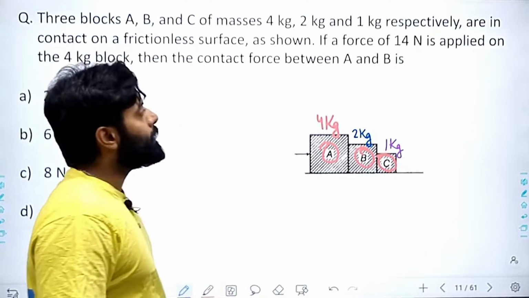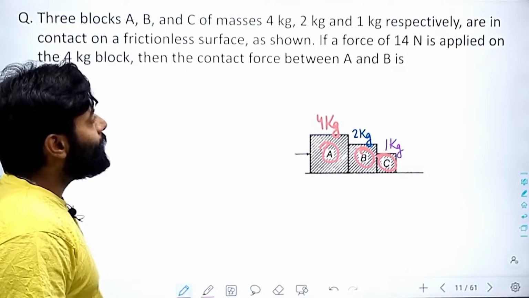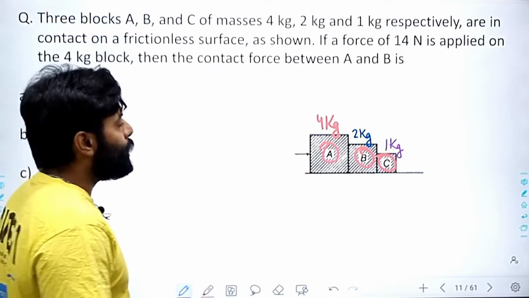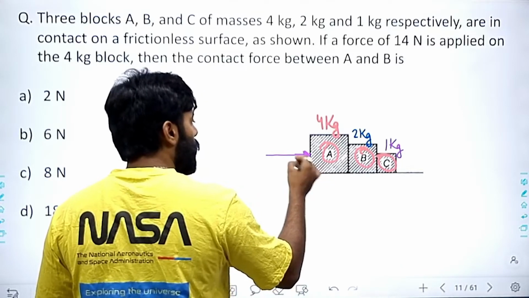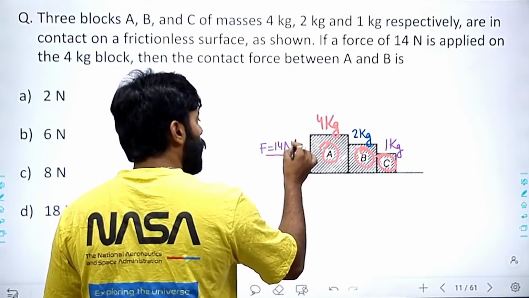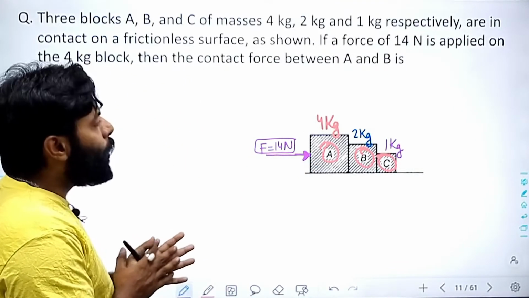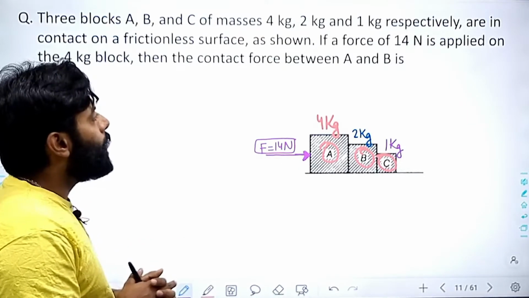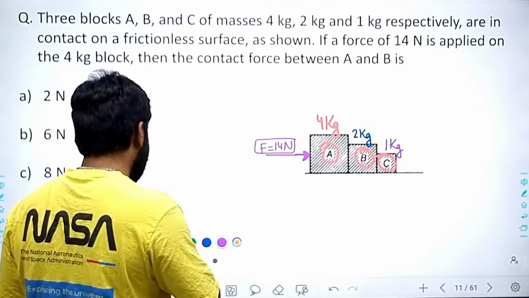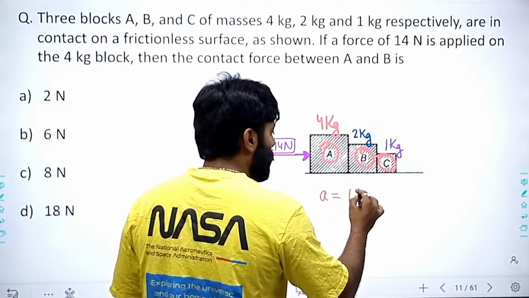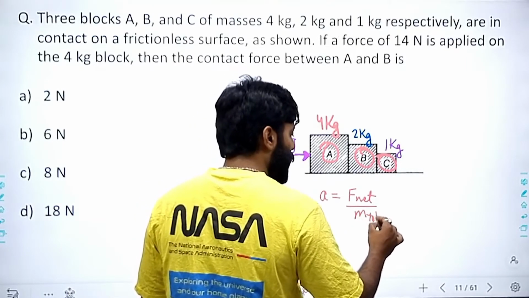There are three masses in contact on a frictionless surface as shown. A force of 14 Newton is applied on the 4 kg block, and they are asking about the contact force between A and B. In these types of questions, first you need to find the acceleration, which is very simple: net force divided by the total mass.